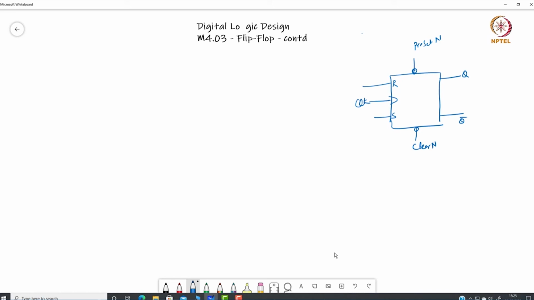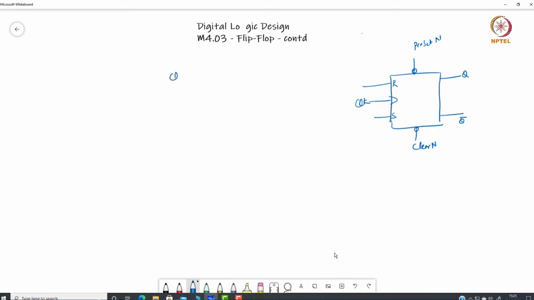Whenever clear is 0, it will make Q 0, and whenever preset is 0, it will make Q 1. Let's see it using a truth table.